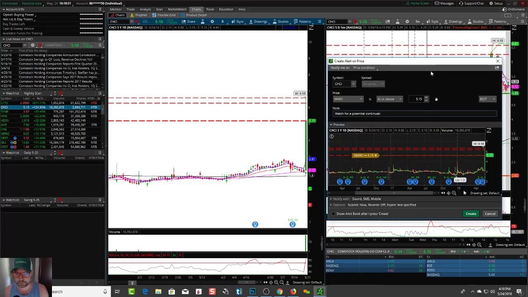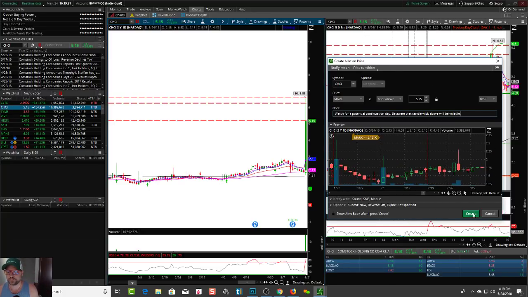Watch for a potential continuation day. Be aware that the candle wick above will be volatile.